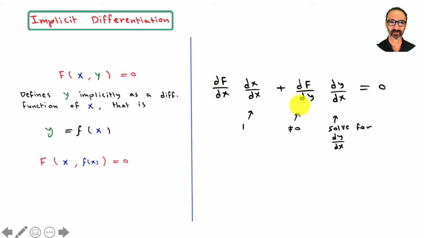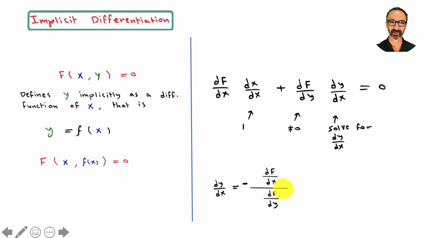And df dy is not equal to 0. If it's not equal to 0, we could divide by this. That's the reason why here we have it does not equal to 0. We're going to solve for dy dx, by having, let's say, everything right here on the right side, which is minus df dx, and after that divide by this, because it's not equal to 0.